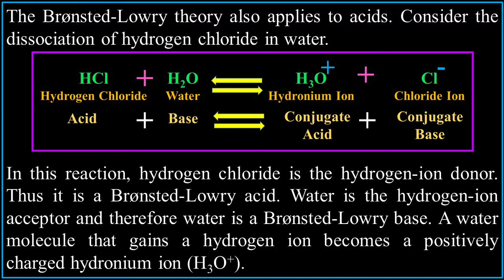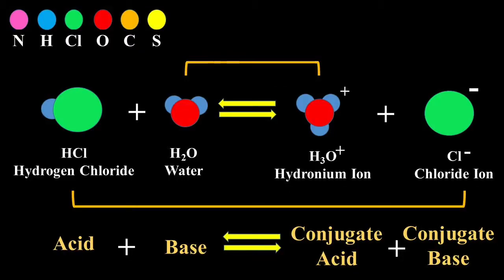I recommend you draw the molecular geometry structure to see what the structure is of the ammonium ion. You'll see that it is trigonal pyramidal.